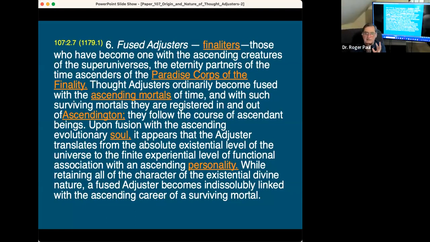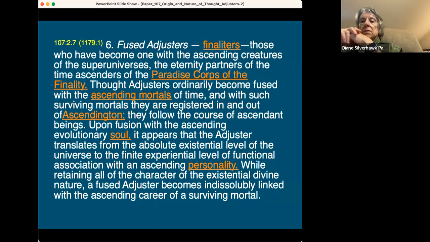Okay, so this is us. We will eventually fuse with our adjusters, and we will eventually make it to Paradise and become finalitors. And when that happens, we become ascenders of the Paradise Corps of the Finality. We get registered in and out of Ascendington instead of Divinington.